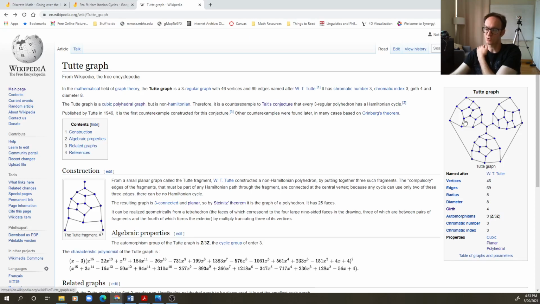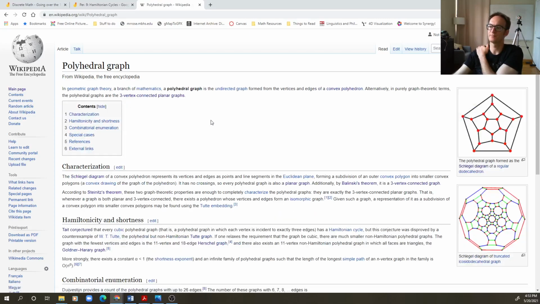And Tutte constructed it specifically. This is called the Tutte fragment, and the Tutte graph is kind of like the union of 3 Tutte fragments. This graph is constructed to be non-Hamiltonian, and since every vertex has at least degree 3 and it is connected, it is a polyhedral graph. What is a polyhedral graph? 3-connected and planar.